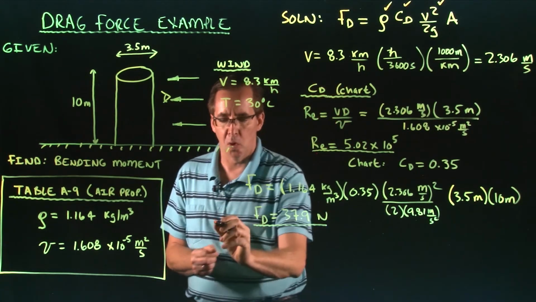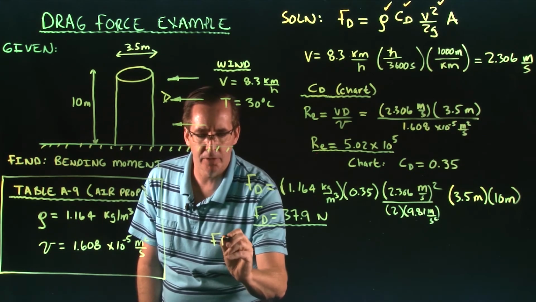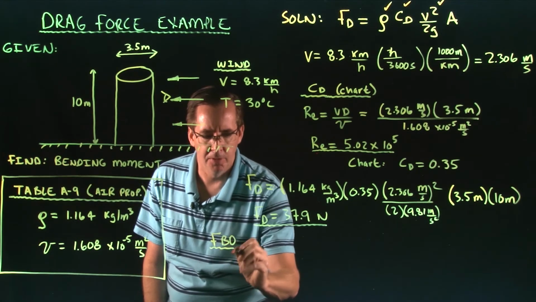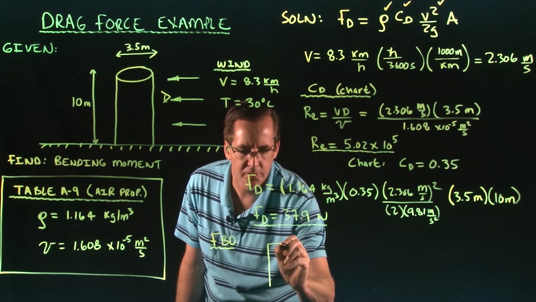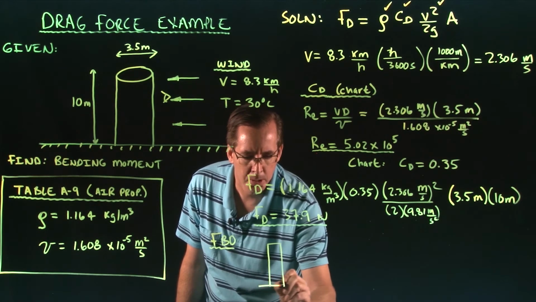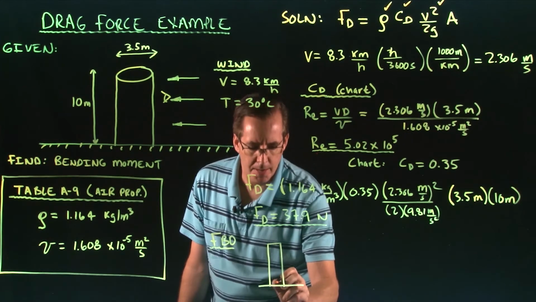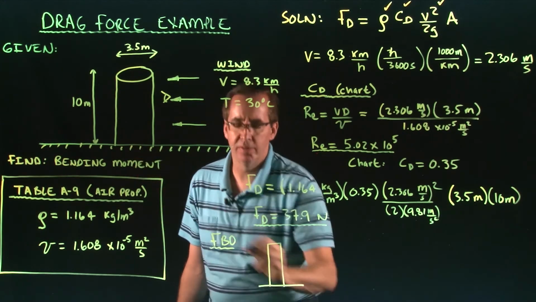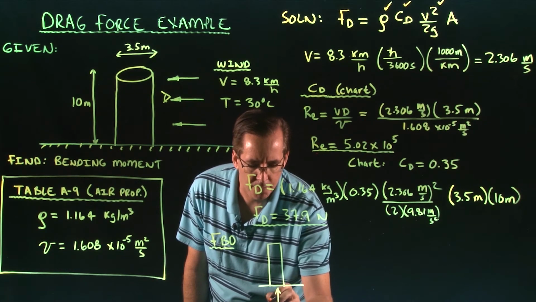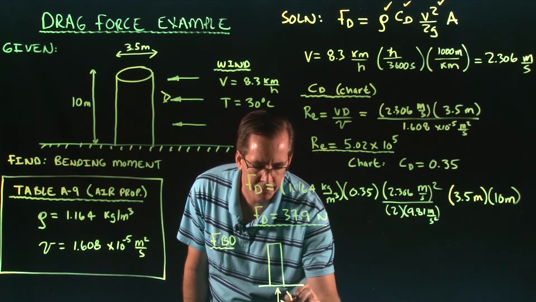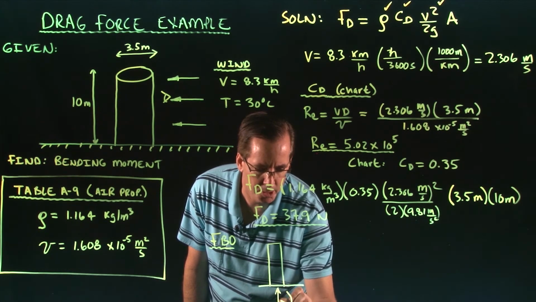So if we take a step back and think about our statics course, we do a little free body diagram. What I've got is, of course, the silo here. At the base, I'm going to assume this is like a cantilever type of connection, right? It's fixed, where you have a Y, an X, and a bending moment.